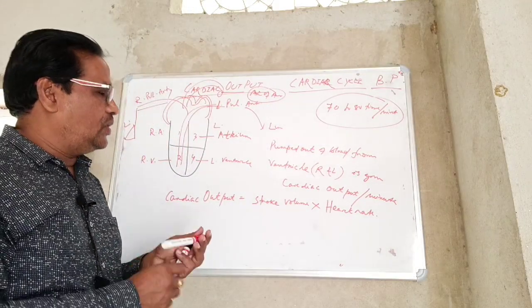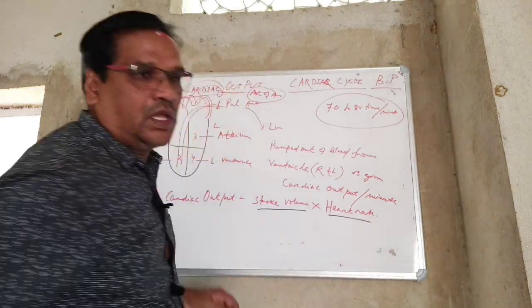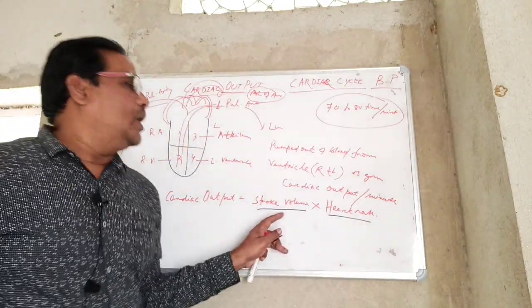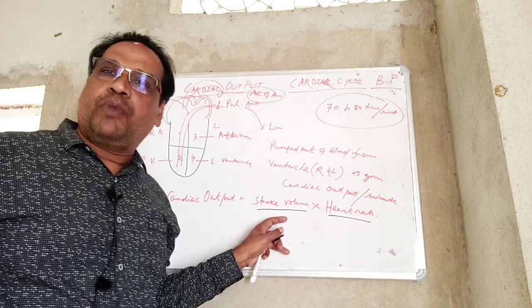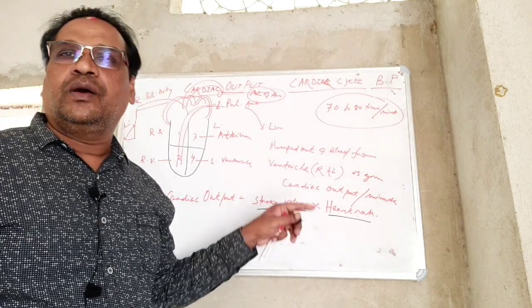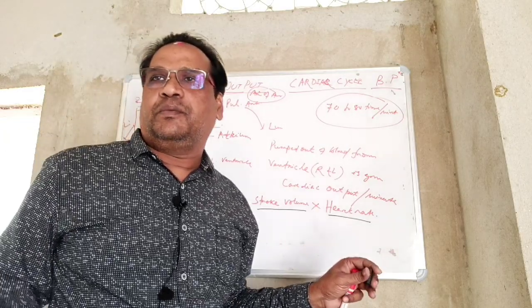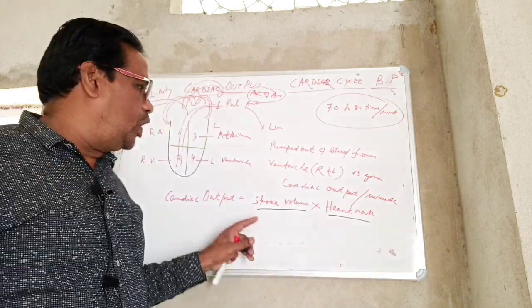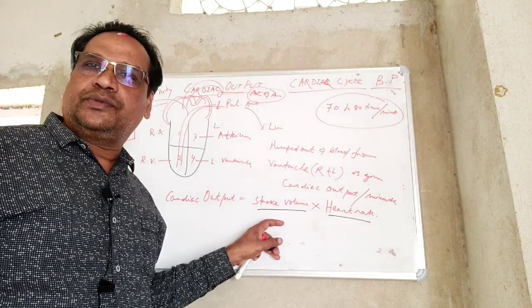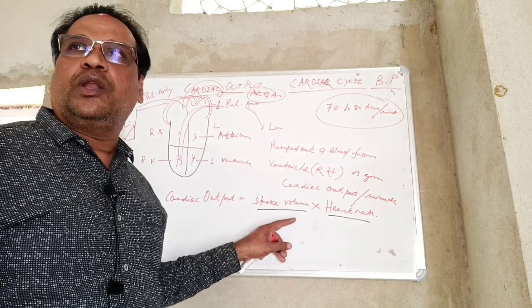So what is stroke volume? Stroke volume is the volume of blood pumped out per beat. For one beat, the volume of blood pumped out is your stroke volume.